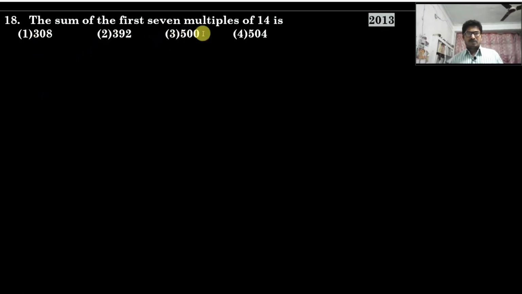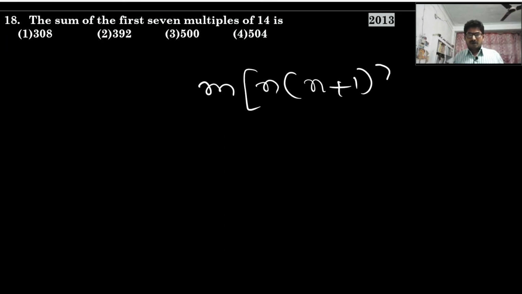The sum of the first 7 multiples of 14. For the first 7 multiples of 14, we have the formula m into n plus 1 by 2. This is the formula for finding the sum of the first n multiples of m.